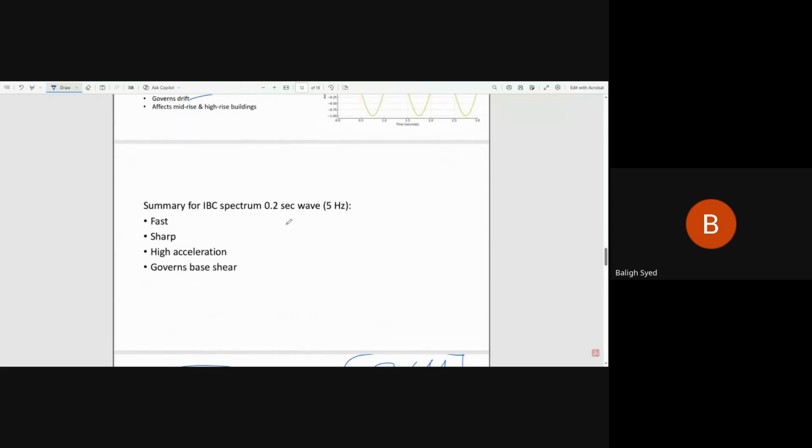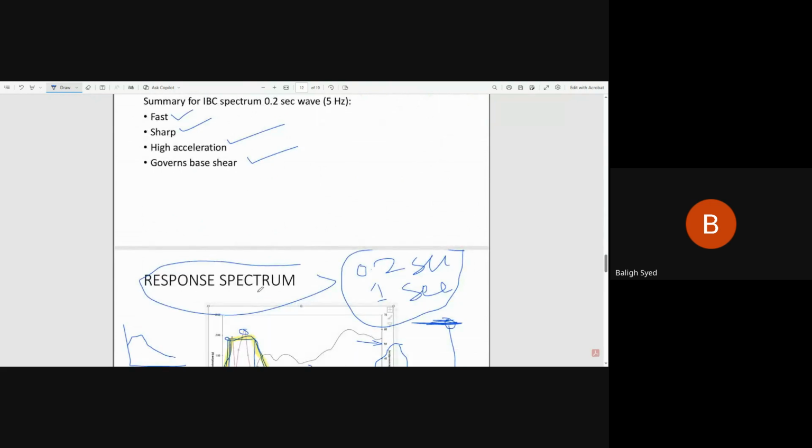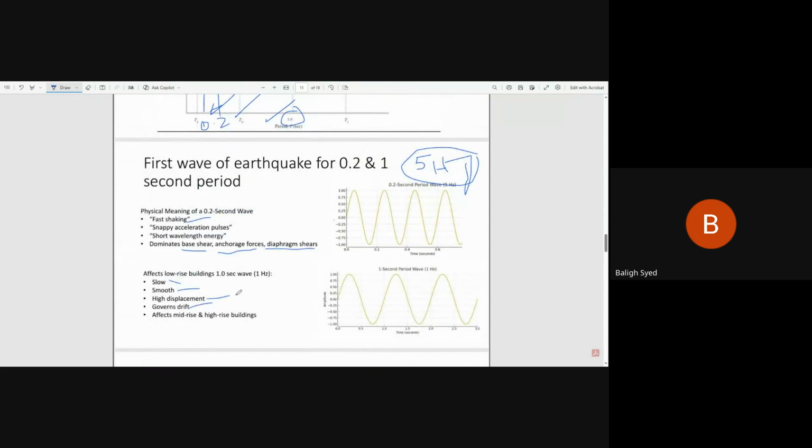Summary of IBC spectrum, 0.2 second: fast, sharp, high acceleration, governs base shear. Amazing concept. And the 1 hertz controls the drift. Make sense? And why is it happening? Earthquake ground motion contains a broad range of frequencies.